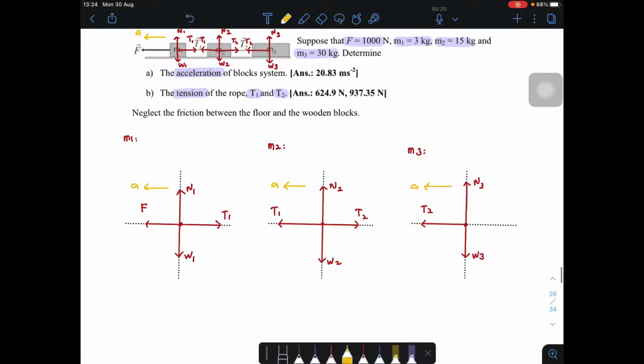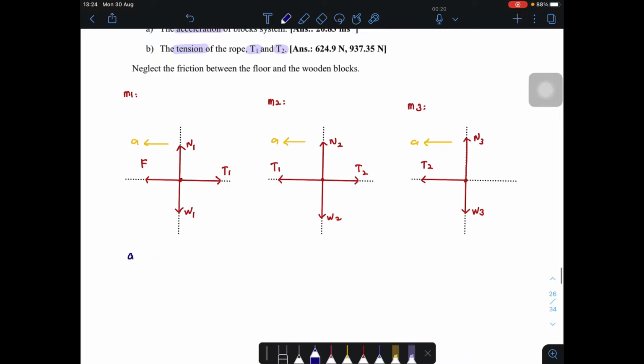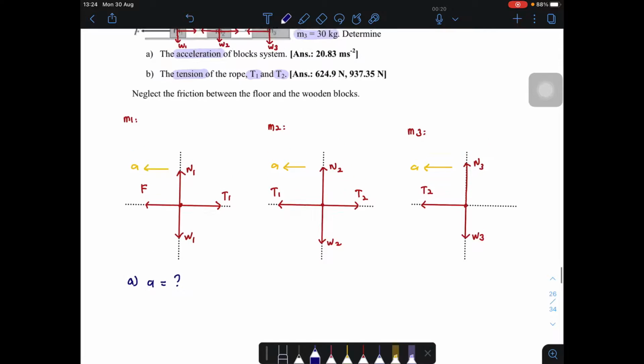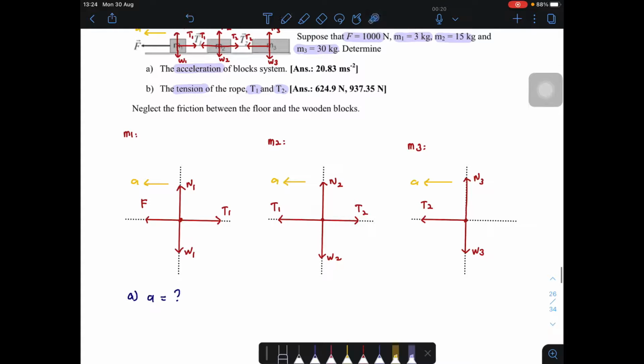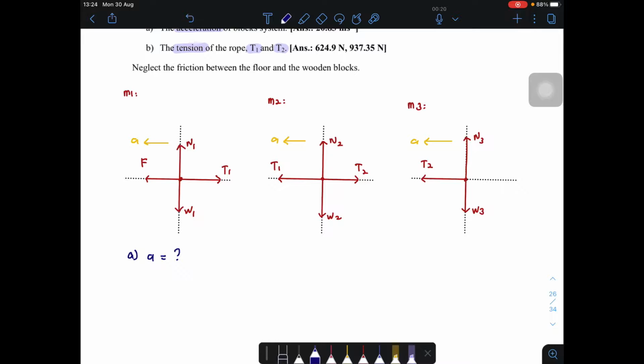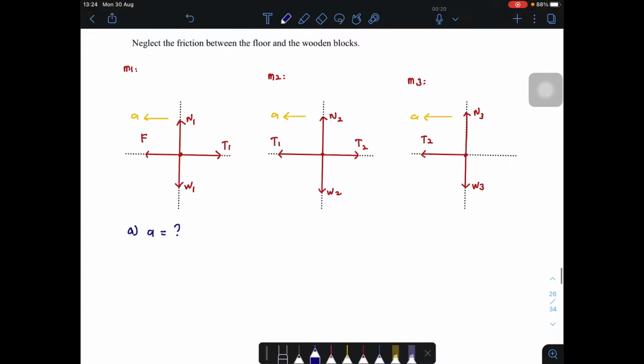Okay, so now we want to find the value for acceleration. According to Newton's second law, we know that the sum of force is equal to the sum of MA.